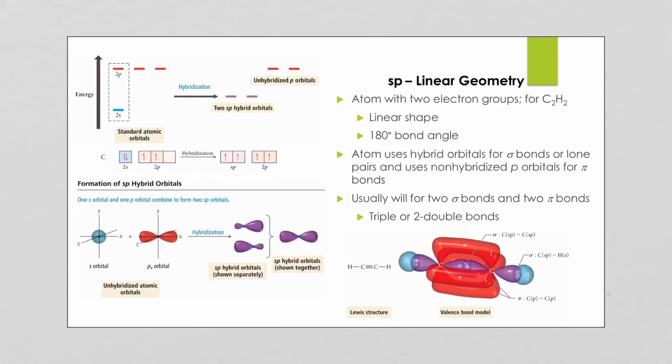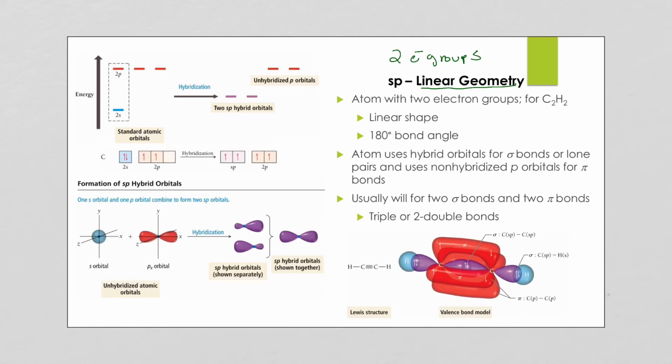Okay, let's continue our look through different hybridization models. So we have what's called sp hybridization, right? And this is going to be associated with linear geometry, or only 2 electron groups. So you can see we're kind of going down in electron groups from 4 to 3 to 2 here.